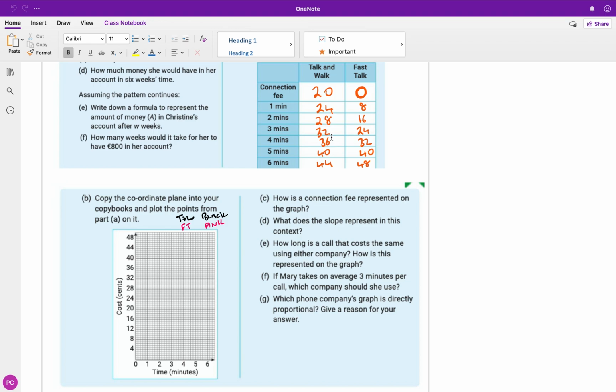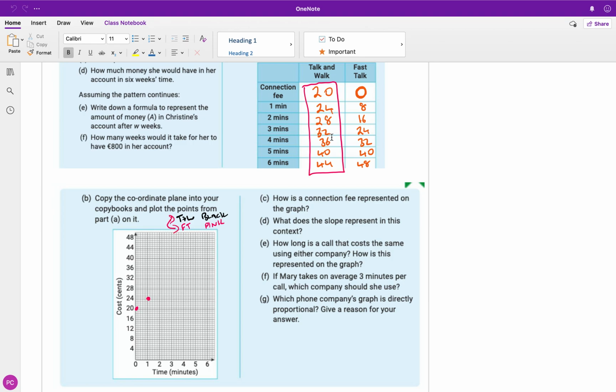So time in minutes is going to be at 0. For Talk and Walk, we're already going to be at 20. Then after 1 minute, 24. So remember that I'm graphing this column here. And I'm after doing these backwards as well, haven't I?